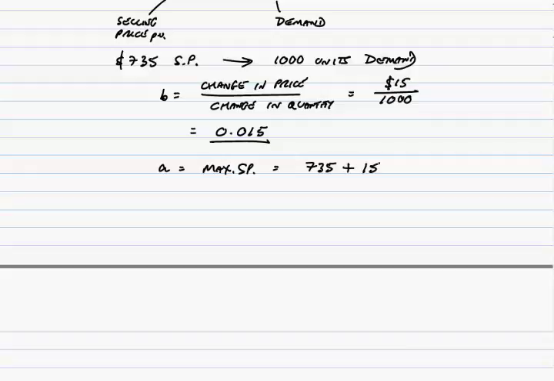Put the price up 15. Again, demand's 1,000 less, which would be 0. That's what we want. So A is 750. So now we've got it. The demand function: P equals A, 750, minus B, 0.015, Q, the demand. 3 marks.